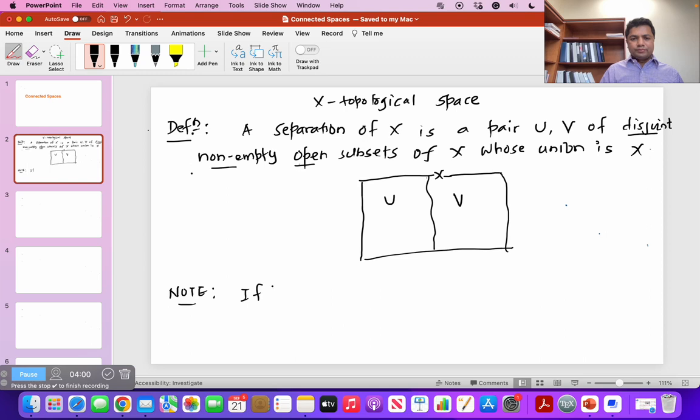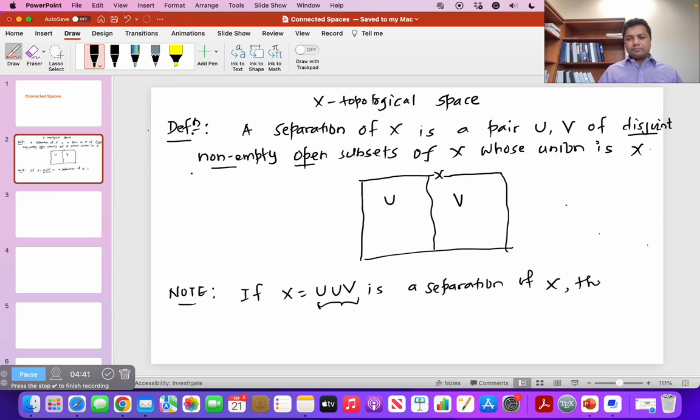Let's say if X equals U union V is a separation of X. So this is how we write down a separation of X. That means if we say U union V is a separation of X, that means U and V are non-empty open sets and they are also disjoint, and their union is obviously X.